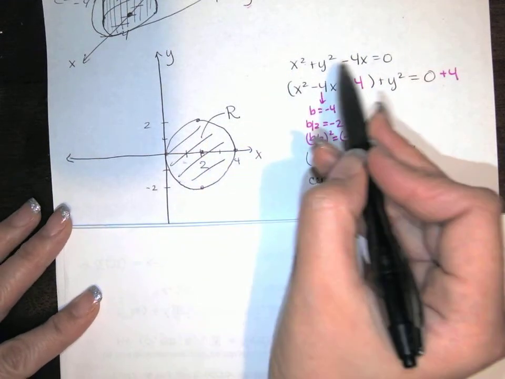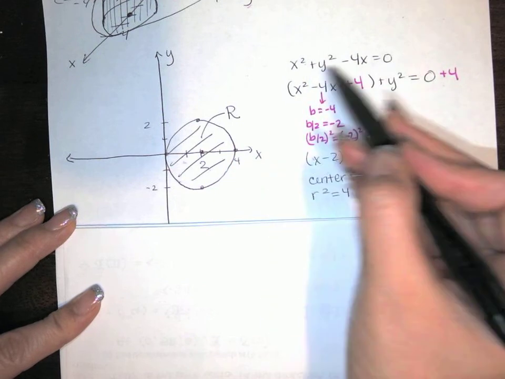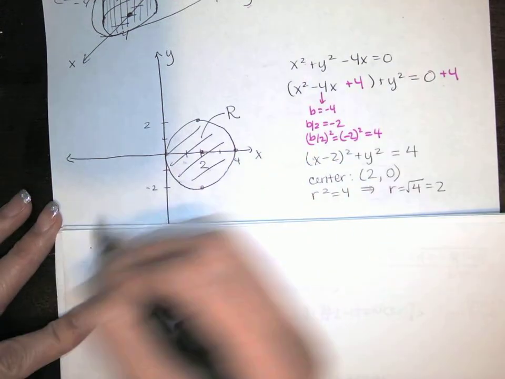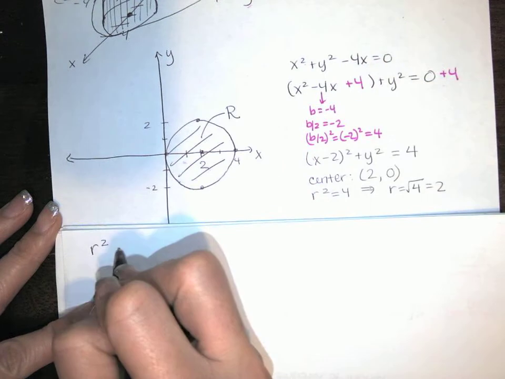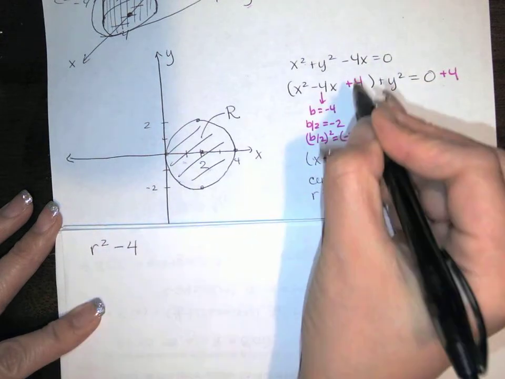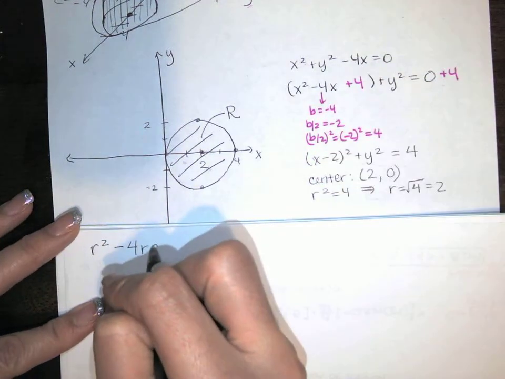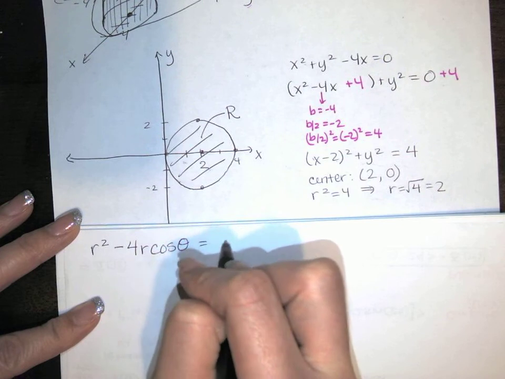So this is the equation of the circle. So this is the boundary. x squared plus y squared can be replaced by r squared, and then we're subtracting 4 times x, and x is r cosine of theta in polar coordinates.